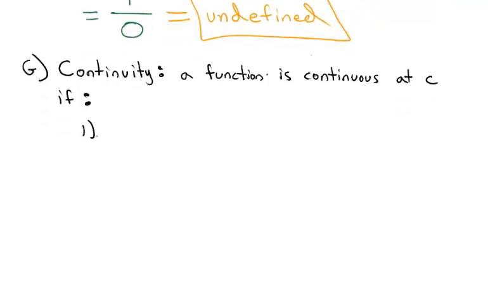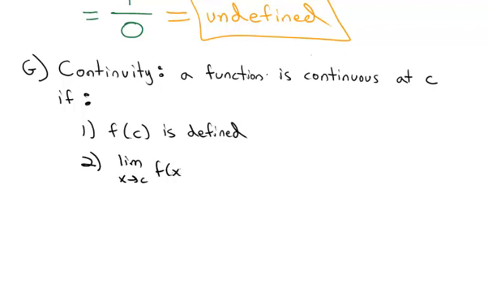Number one, f of C is defined. It's nice if it's defined, because then we can take the limit as x approaches C of f of x, and that should be the same thing as just plugging the value of C into the function.